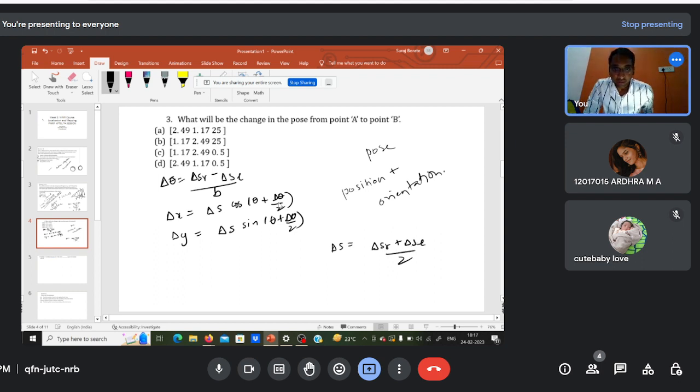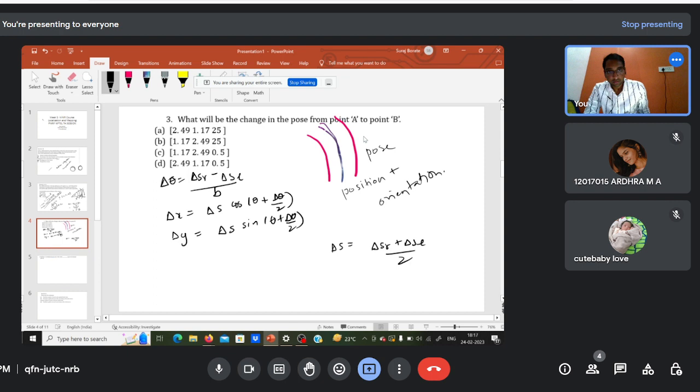Okay, so we have to just use this, but then you should also think why delta S and delta theta are this. So let me use some other color. This is just for the sake of intuition.